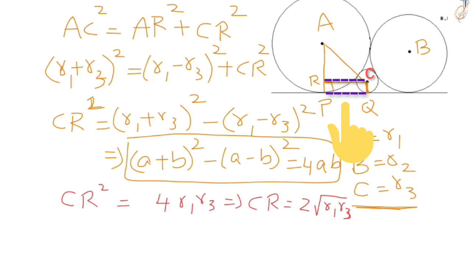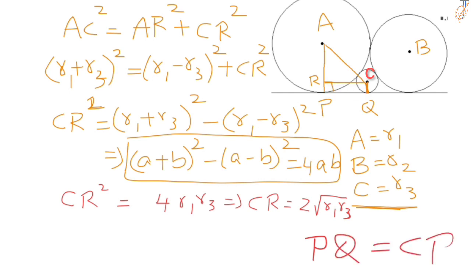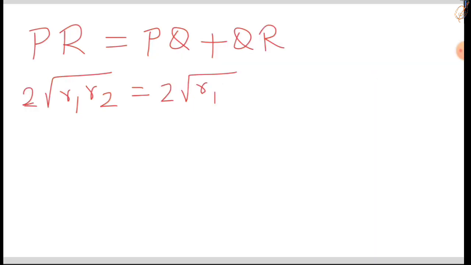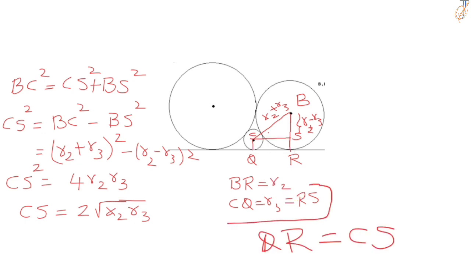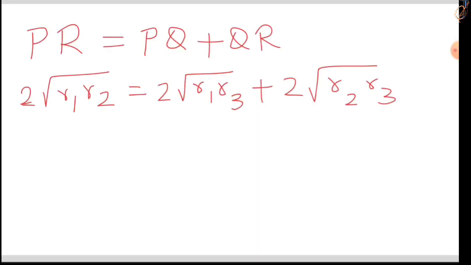The distance PQ is the same as CR, because it is a rectangle. In a rectangle, opposite sides are equal. So 2 square root of R1 R3 plus, now you see the QR distance. This QR distance is the same as CS. So we can write 2 square root of R2 R3.